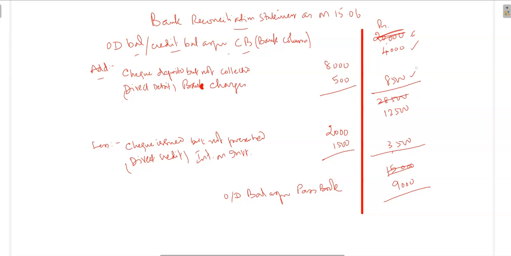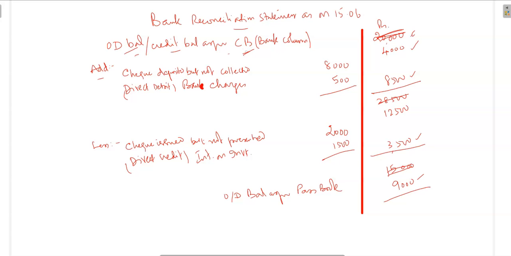And if you add 8,500 and subtract 3,500, you get the closing balance of 9,000, OD balance as per passbook. Hope this will give you an idea as to how to prepare bank reconciliation statement when OD balance as per cash book is given.